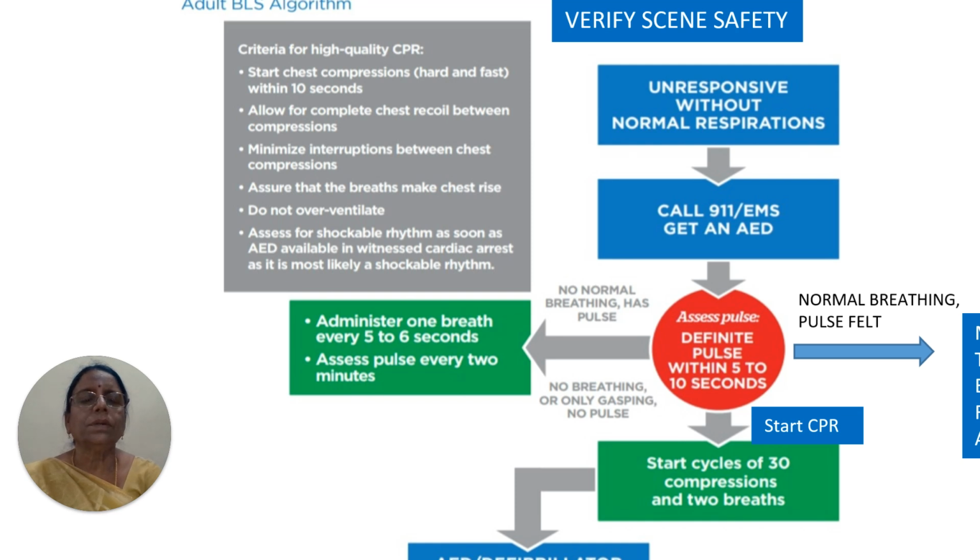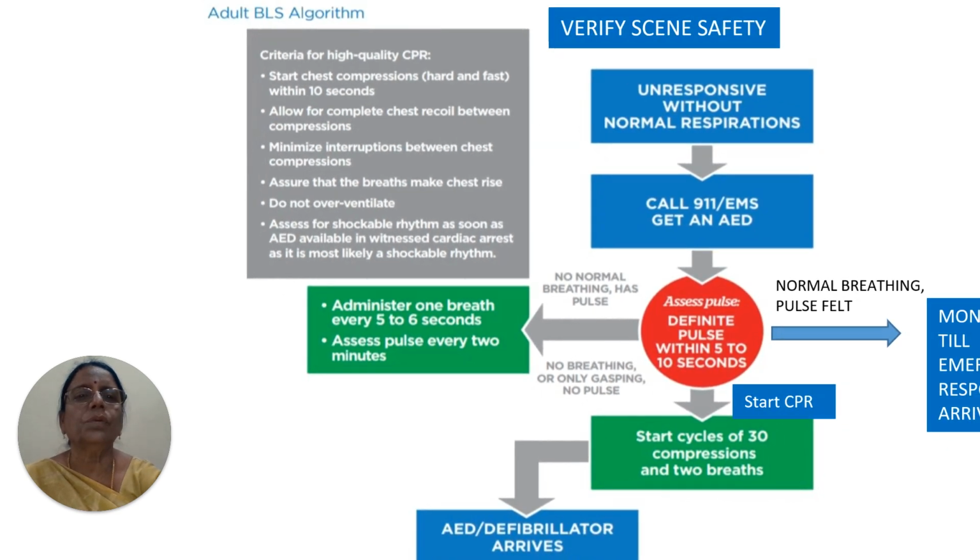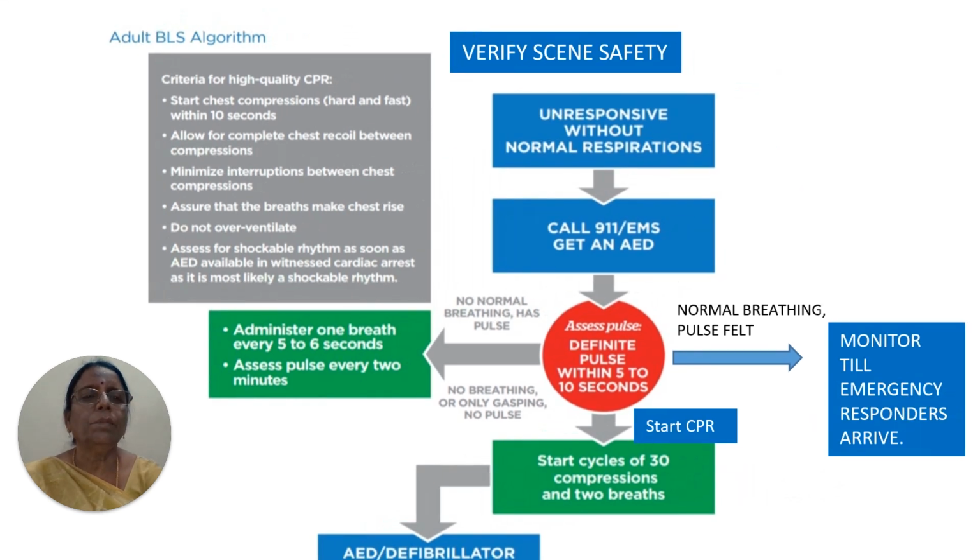And assess the pulse. Definite pulse within 5 to 10 seconds. Then if there is no normal breathing but a pulse, administer one breath every 5 to 6 seconds and assess pulse every 2 minutes. If normal breathing and pulse felt, monitor till emergency responder arrives.